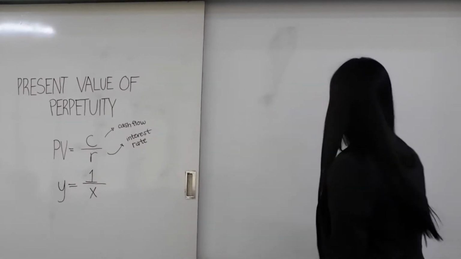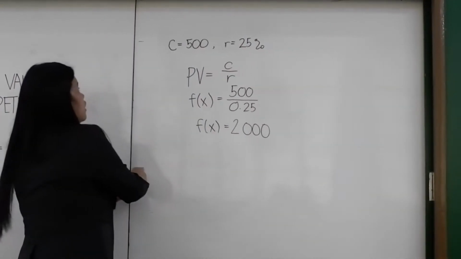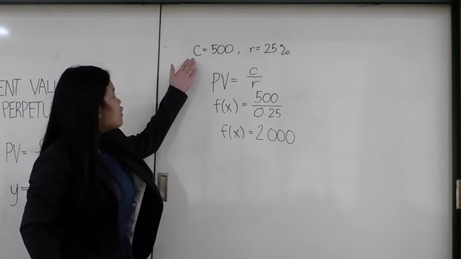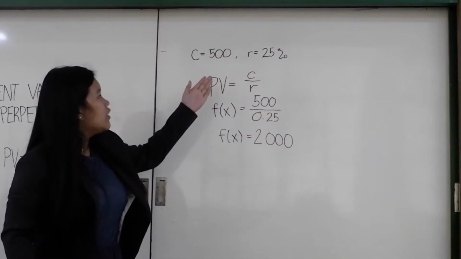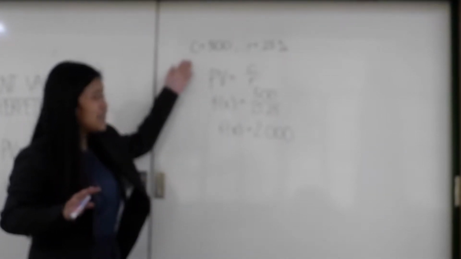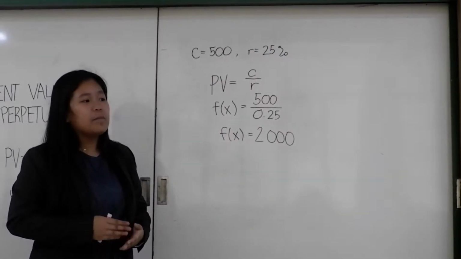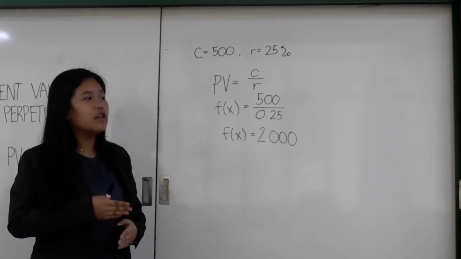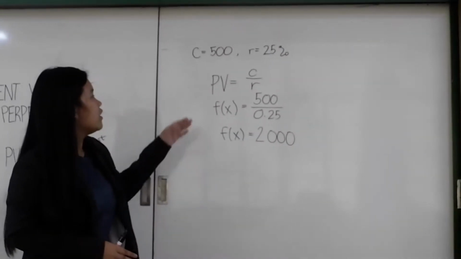Here is an example. When you give a value of 500 to cash flow C and 25% to interest rate R, cash flow C is the amount of money that a person is putting into an investment or a bank for an infinite amount of time, and the rate is 25%.